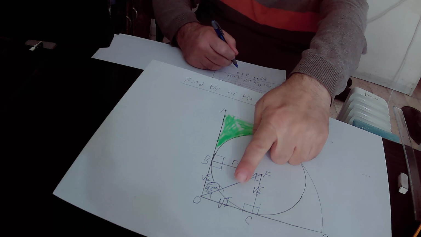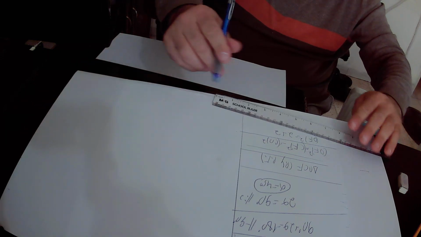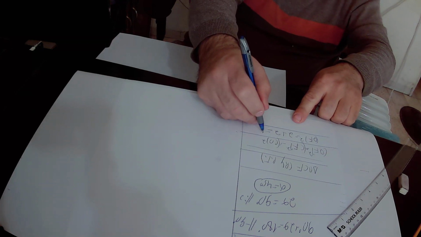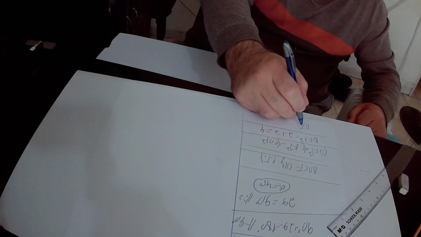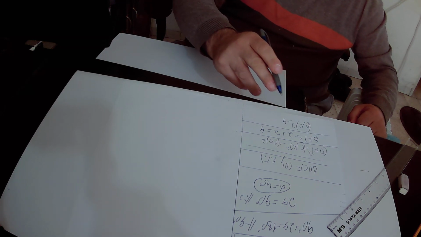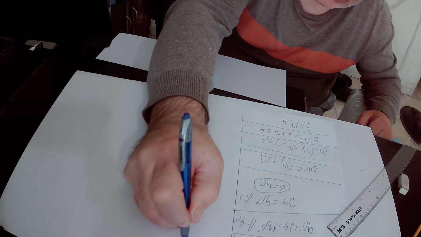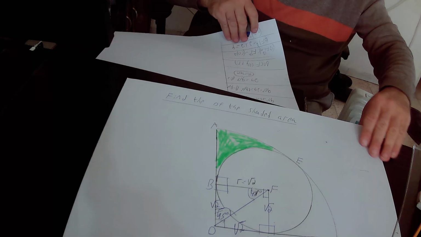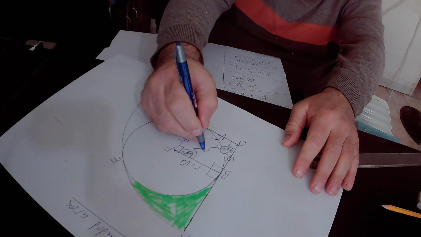So in conclusion, we found out that OF squared, that is the square of the hypotenuse in the right and isosceles triangle OCF, equals 2 plus 2, that is 4. So OF squared equals 4. Here we take a root out of this equation, and finally we get that OF equals the square root of 4, that is 2. So here the hypotenuse OF is equal to 2 units in its length.